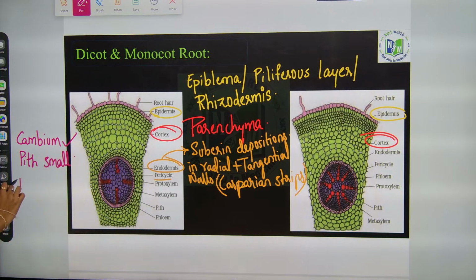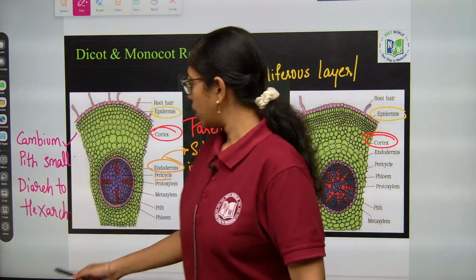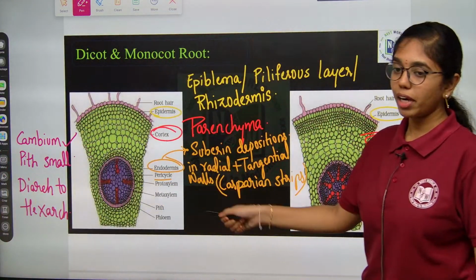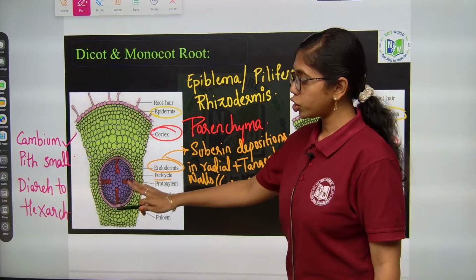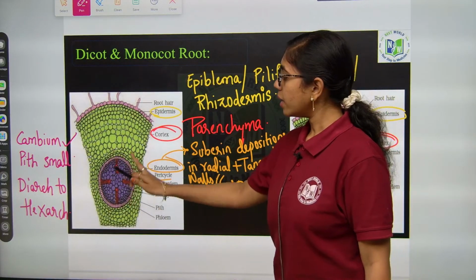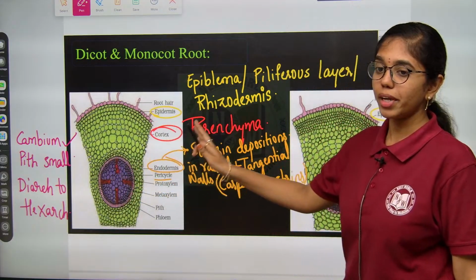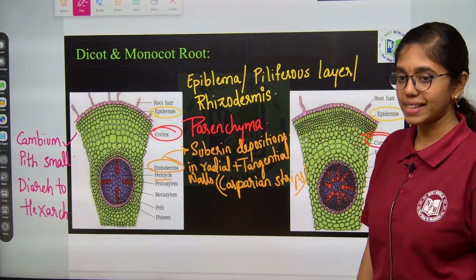So you can call it as diarch to hexarch condition. Fine. Cambium is present in between xylem and phloem, and pith is small, and number of vascular bundles will be 2 to 6, so it is diarch to hexarch condition.